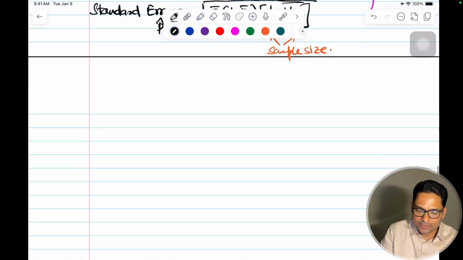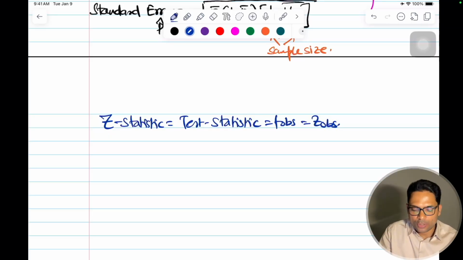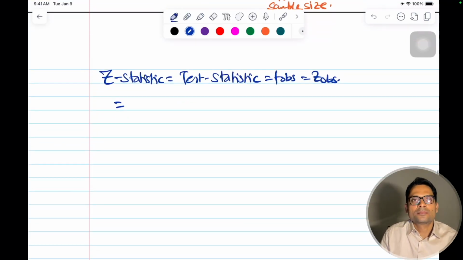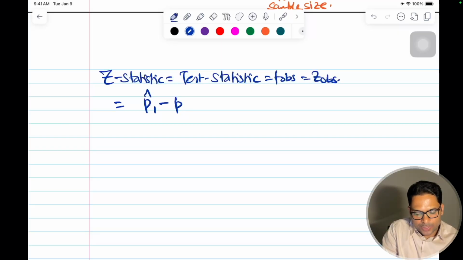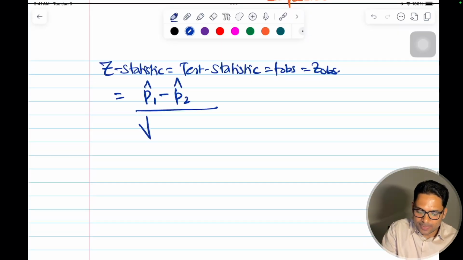So my z-statistic, or test statistic when I talk in terms of hypothesis testing, or this can be equal to T observed, or Z observed, whatever you are observing under the null hypothesis. So this will be equal to p1 hat minus p2 hat, the difference between two proportions, divided by the standard error.